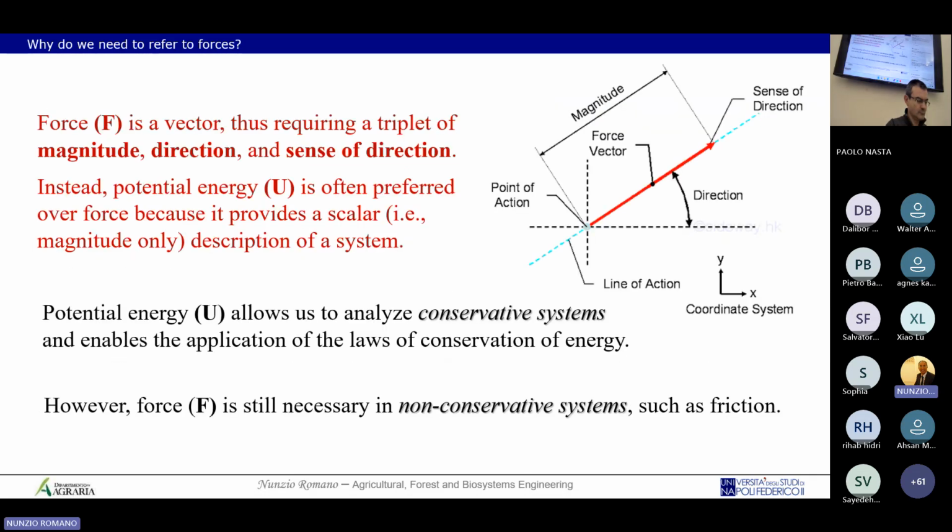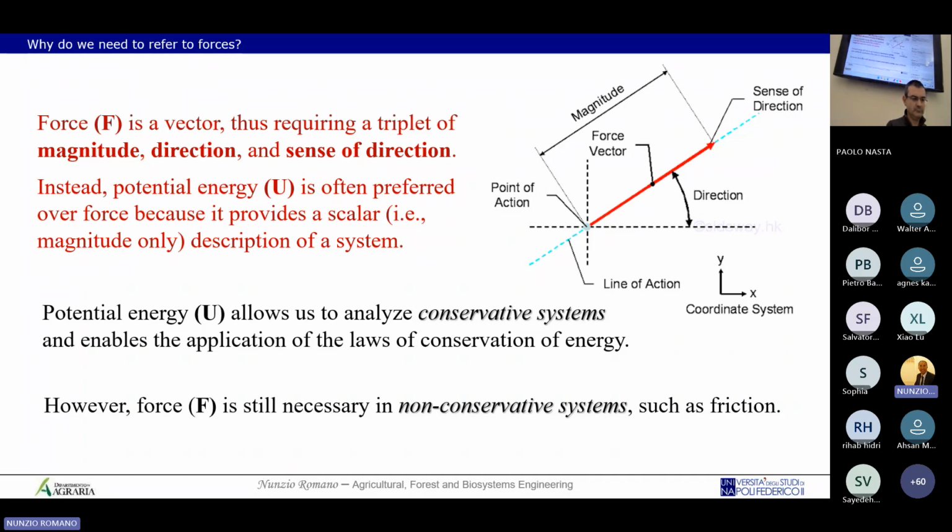So again, why do we need to refer to forces? We need to refer to forces for the reasons that I said before, but forces are vectors. So a force is a vector and, to be uniquely defined, you need a triplet: the magnitude, the direction, and the sense of direction.